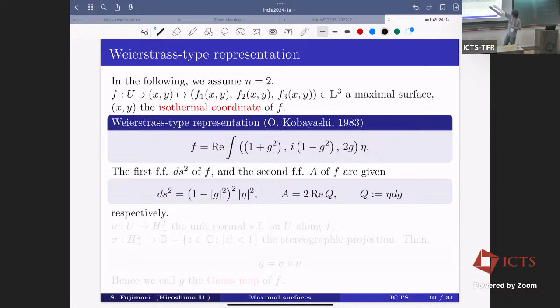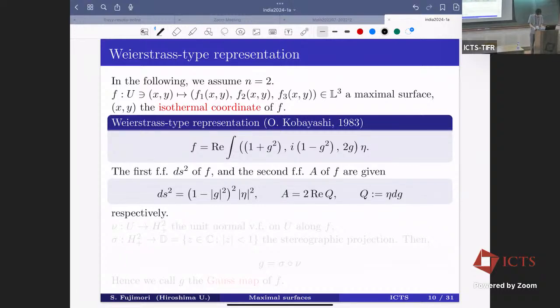So now we assume that x, y are isothermal coordinates. Then in the maximal surface case, each component of F is a harmonic function, and a harmonic function can be described as the real part of a holomorphic function.